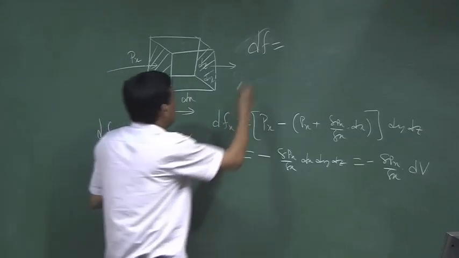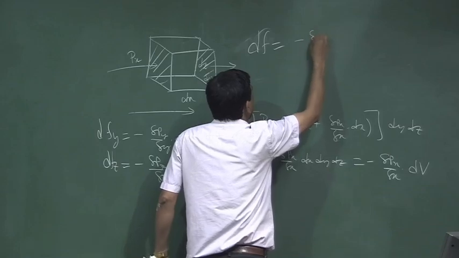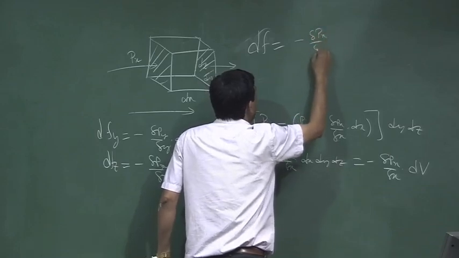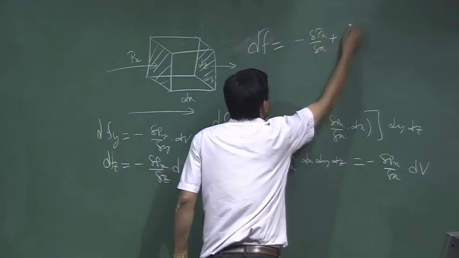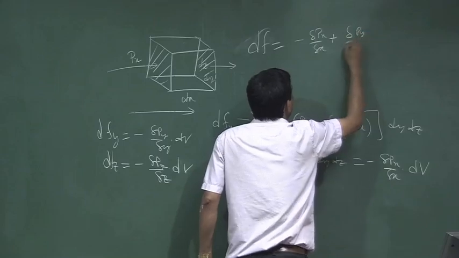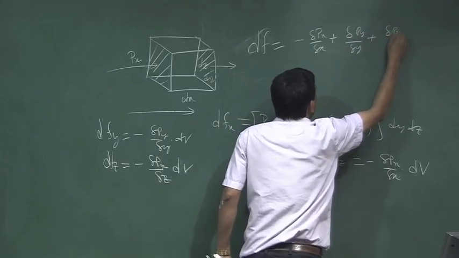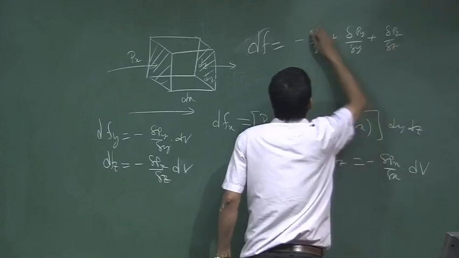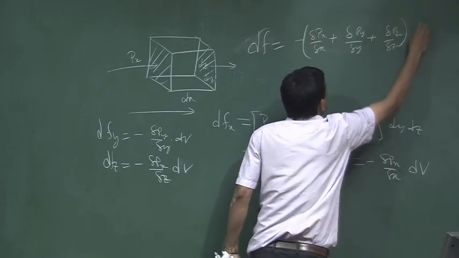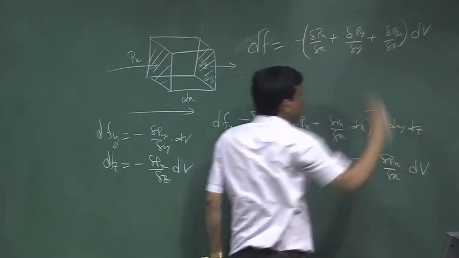So, it is minus del Px by del x plus del Py by del y plus del Pz by del z, into dv.